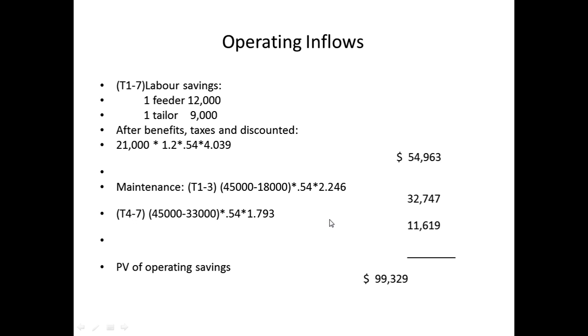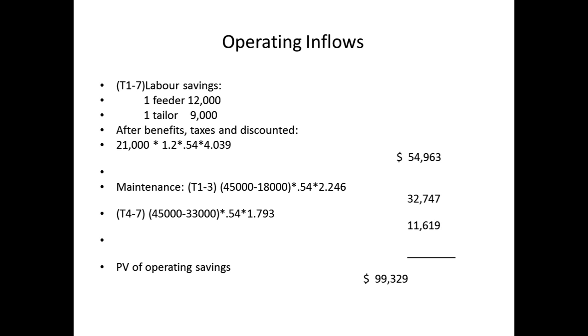And again, because these are deductible for tax purposes, only the non-deductible portion is considered to be a benefit. And again, you're looking at an annuity from year 4 to 7 that's different from the annuity from year 1 to 3.